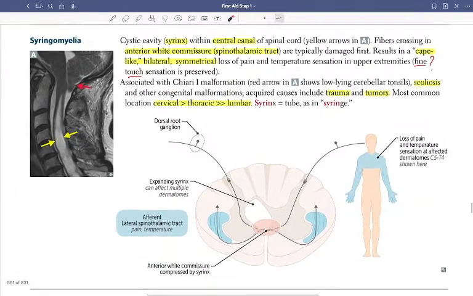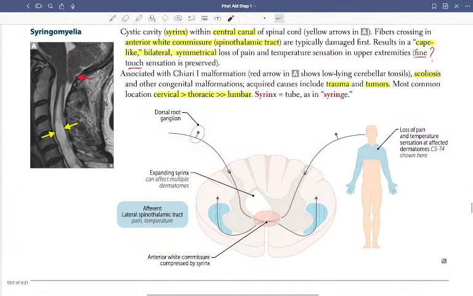Next is the cystic cavity, syringomyelia. What do we have? The central canal of the spinal cord, with fibers of the anterior white commissure carrying the spinothalamic tract. Since the spinothalamic tract is affected, you'll have a cape-like, bilateral symmetrical loss, very important.